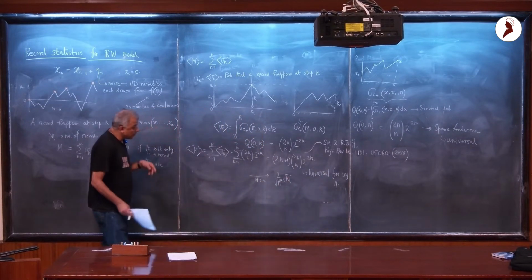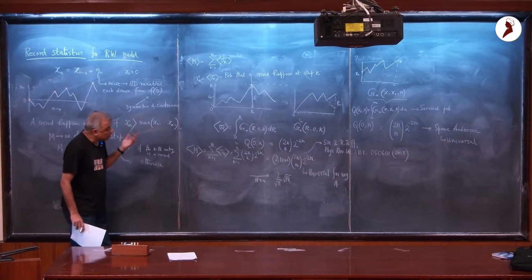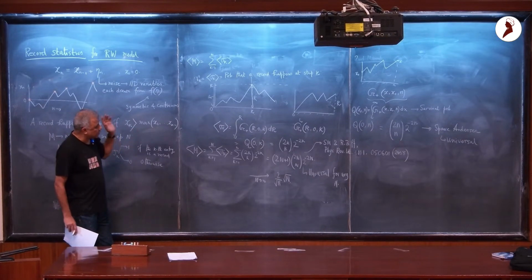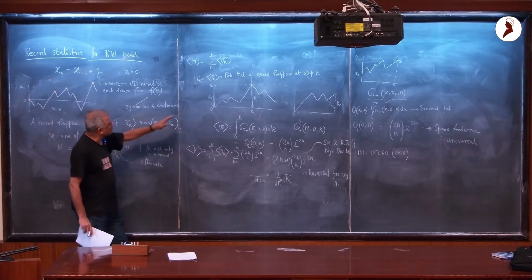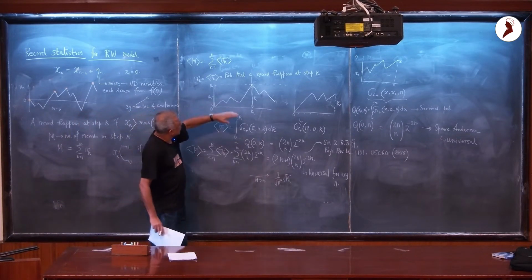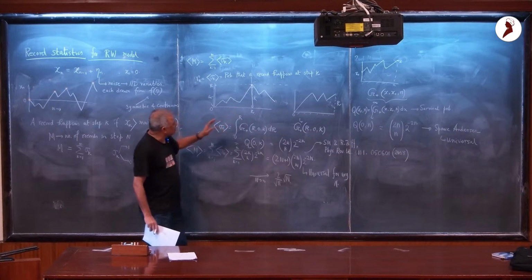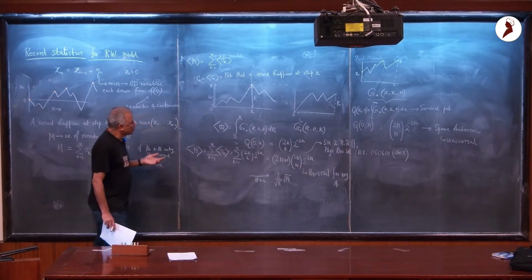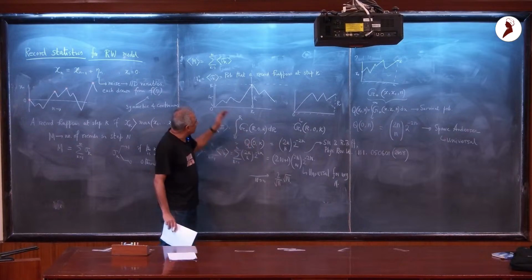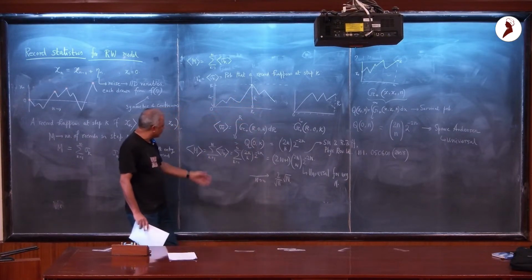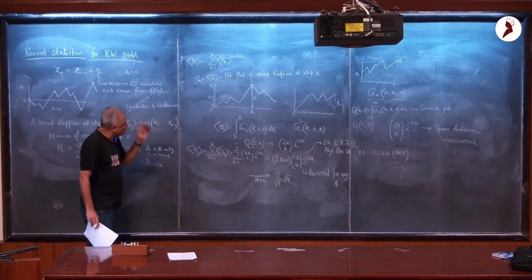So the mean number of records grows much faster. Remember, in the IID case it was growing like log n, but now it goes like square root of n, which is not surprising if you think of a random walk. Naively you would have said, okay, a random walk goes like square root of n, therefore the mean number of records is roughly square root of n.